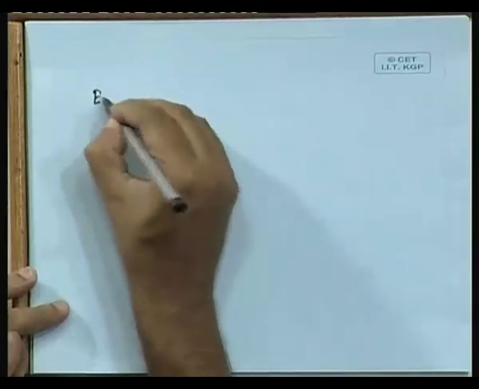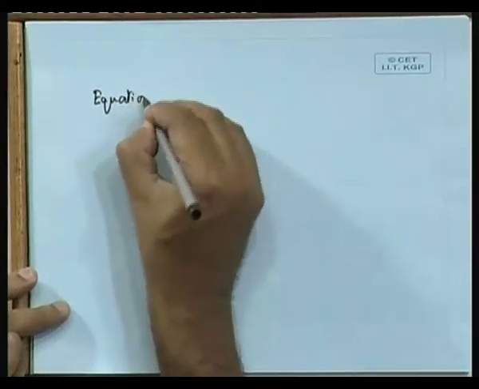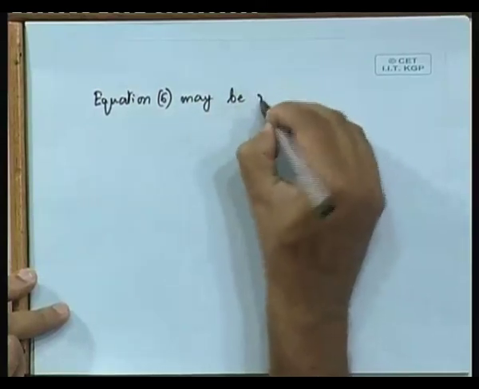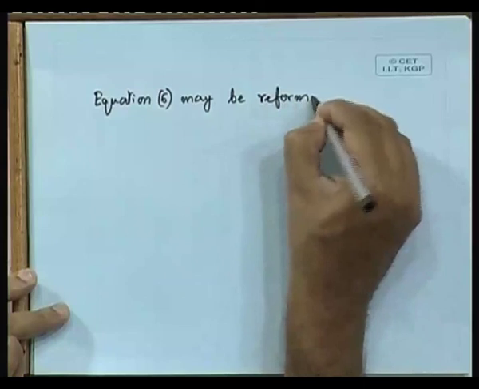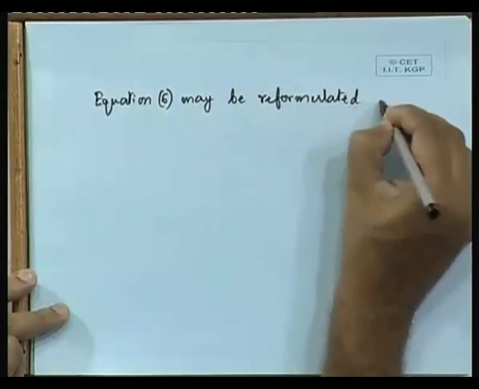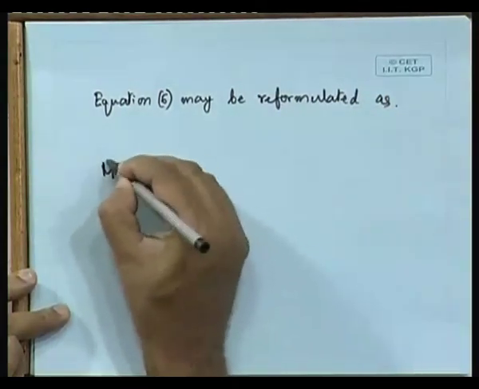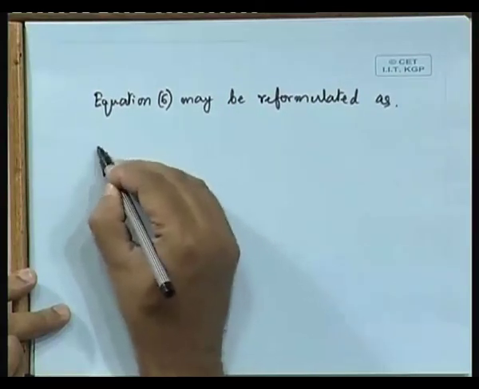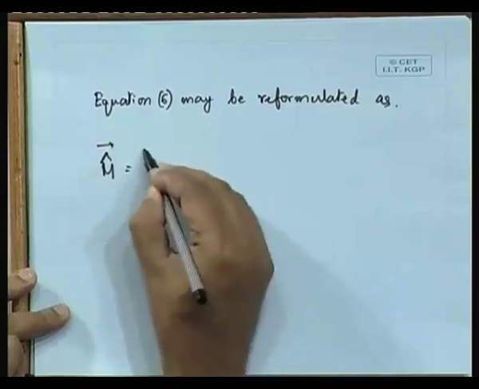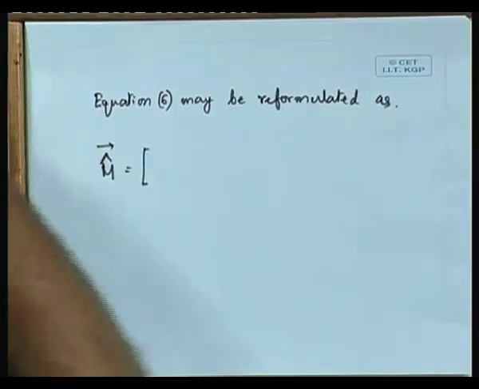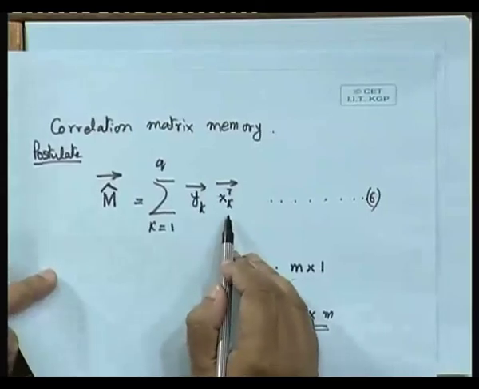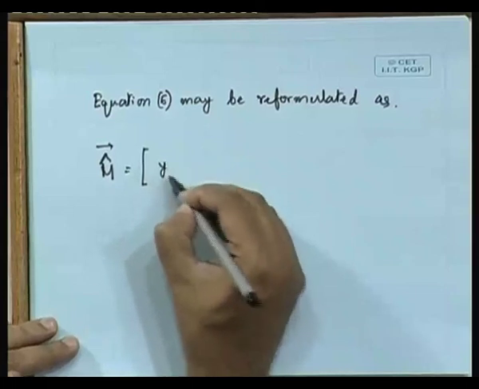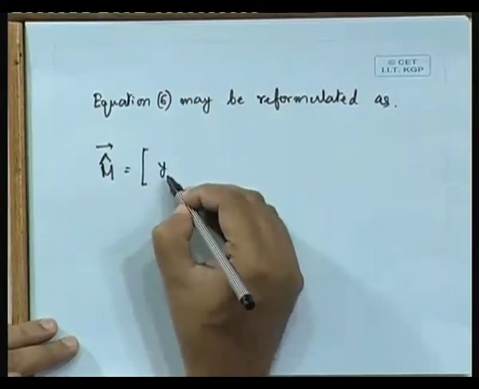So, equation 6 may be reformulated as M cap, okay, again we have to take the M cap as the matrix ultimately, and writing this way, yk xk transpose inevitably means that we could indicate it by the combination of vectors, okay.